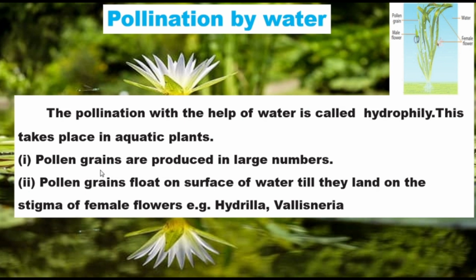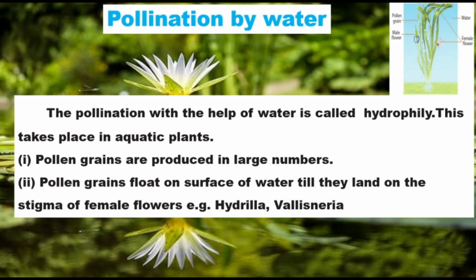So what are the characters of these pollen grains? The pollen grains are produced in a large number. Certainly we cannot say that all the pollen grains will reach the stigma, so only a few may reach the stigma of the flower. That's why the plants produce a large amount of pollen grains.